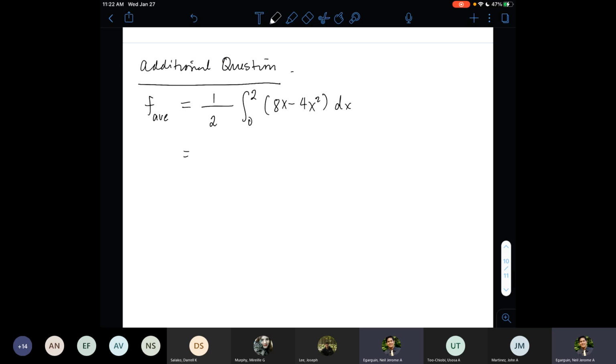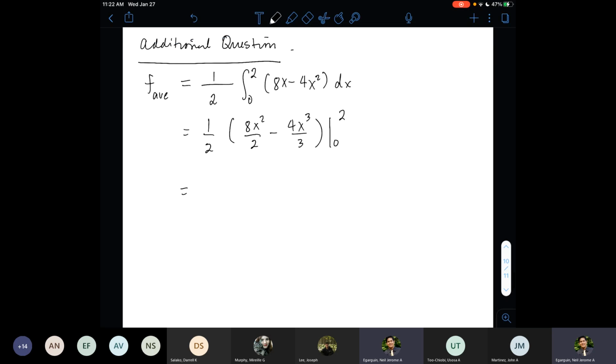So I compute for the integral, it's going to be 1/2. Then I'll have 8x squared all over 2 minus 4x cubed all over 3, evaluated from 0 to 2. And then I will factor out the 4 before doing the substitution because I don't want to work with large numbers. So I'll have 2 here, and then I'll have 2x squared over 2.